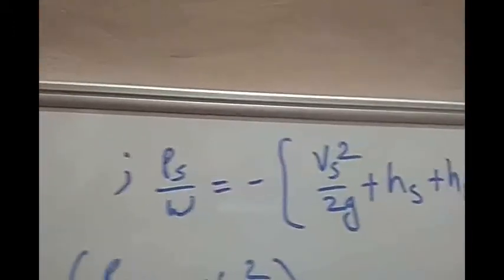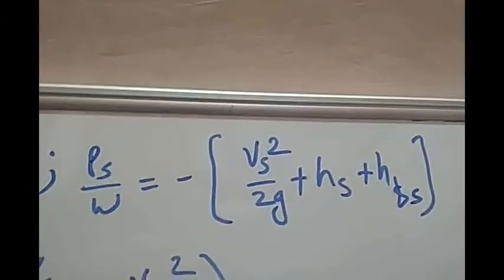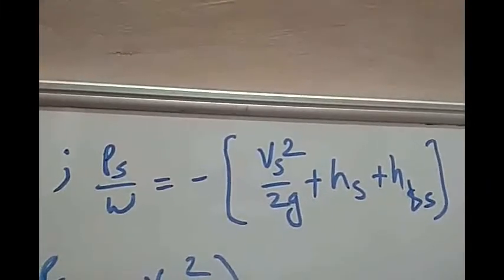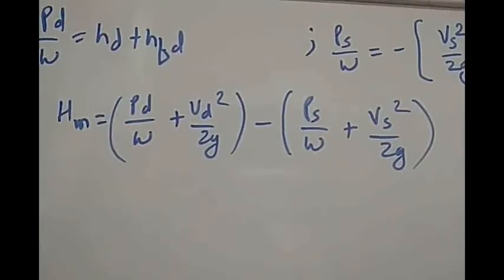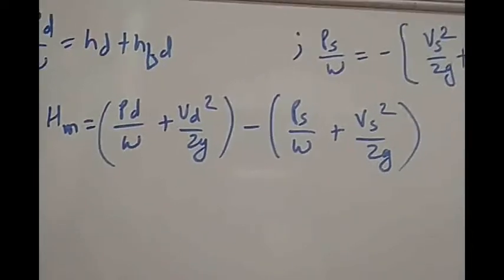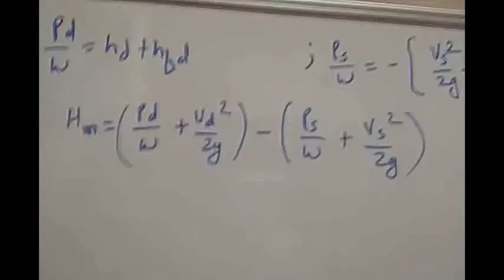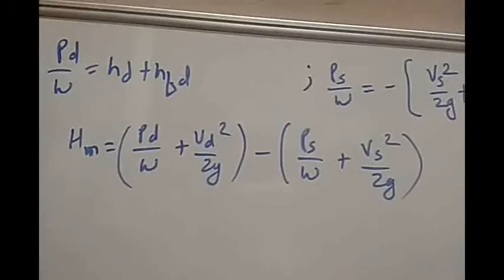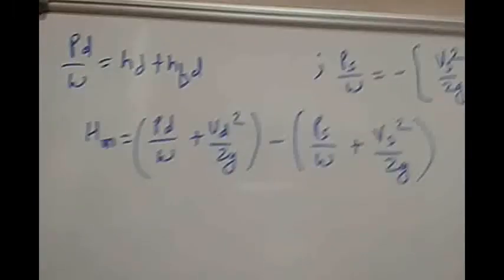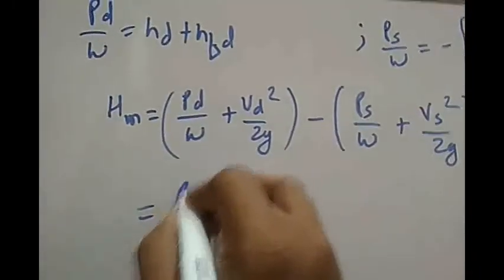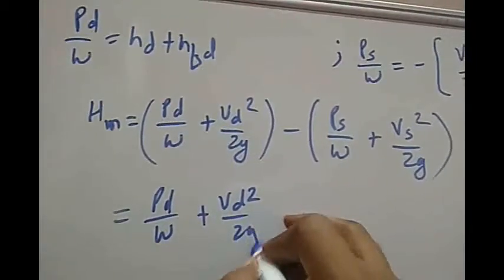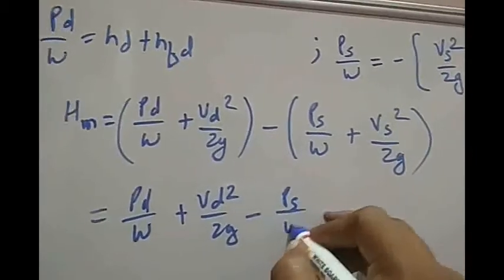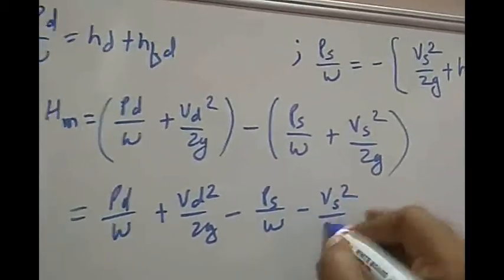We know the equation for Ps by W, that is minus Vs square by 2g minus Hs minus Hfs. Also we know the relation for Hm, that is Pd by W plus Vd square by 2g minus Ps by W minus Vs square by 2g.